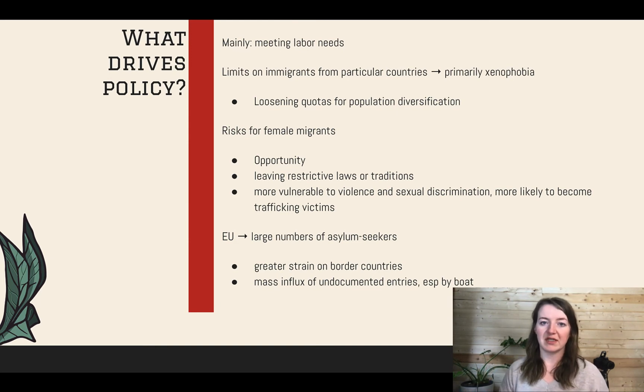We have also seen, especially from 2014 to 2017, a huge influx of undocumented entries, especially by boat. In places like Spain, Portugal, and Italy, we have a lot of asylum seekers who are crossing the Mediterranean without documentation because they are asylum seekers primarily.